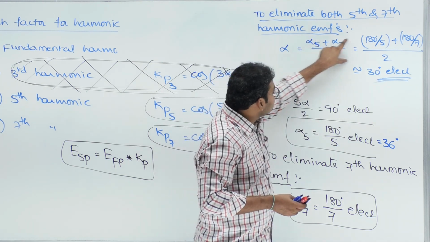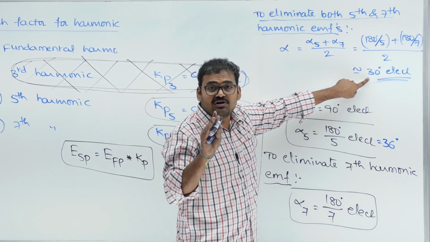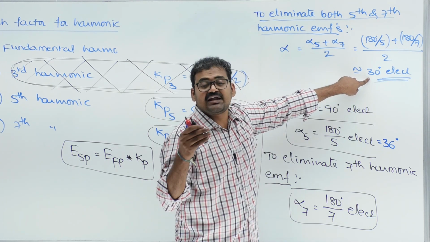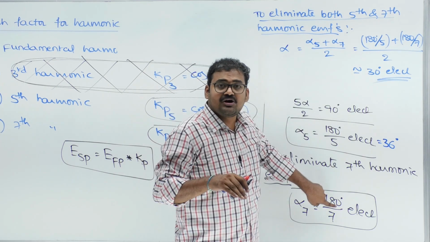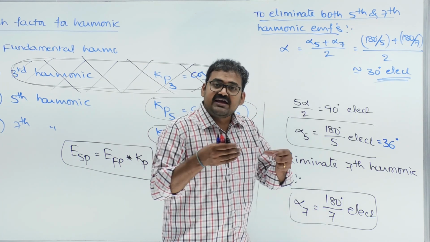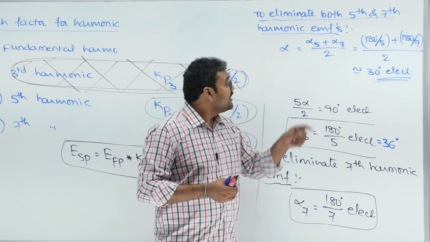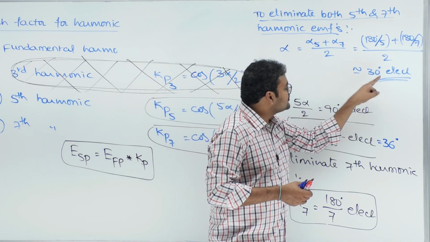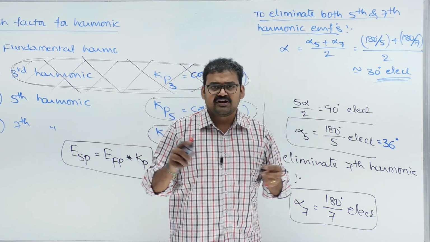Therefore, when I use this average concept, I cannot make fifth harmonic voltage completely 0, but I can eliminate it by 90%. Similarly, seventh harmonic voltage can also be eliminated by 90%. So the remaining small component can be neglected. Therefore, use the average between these two so that fifth and seventh harmonic voltages are almost nullified.